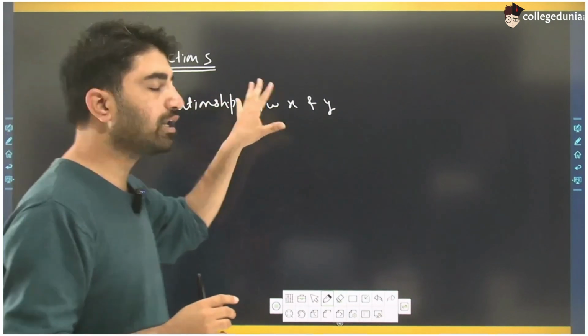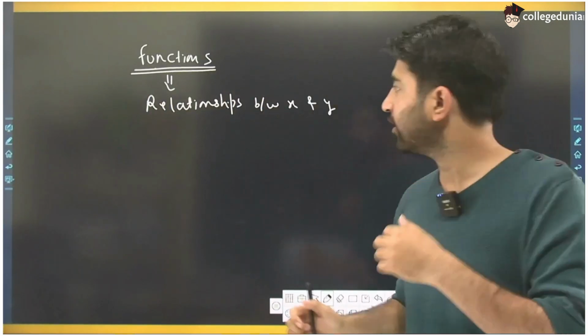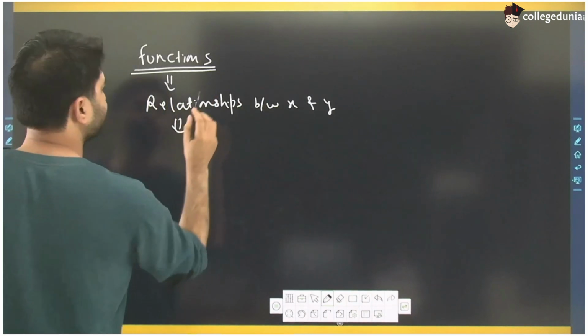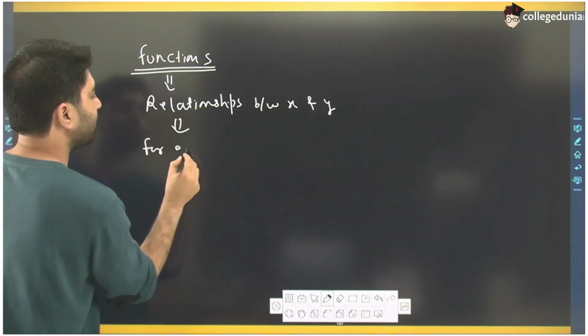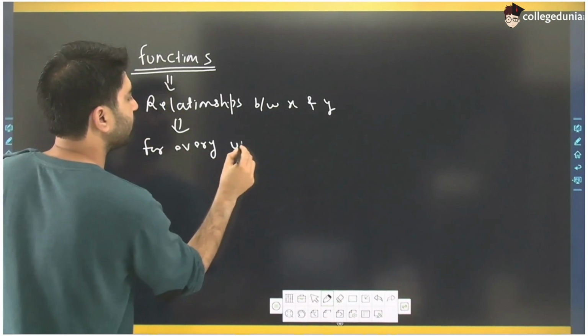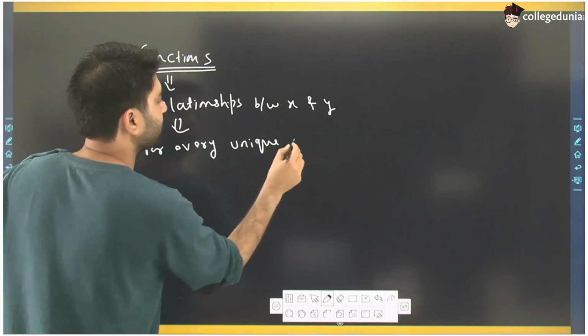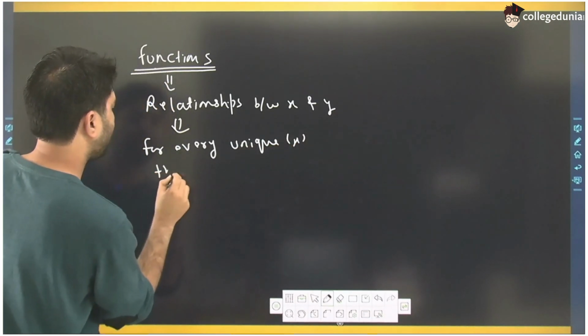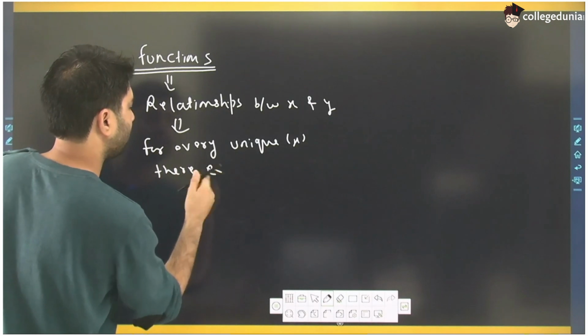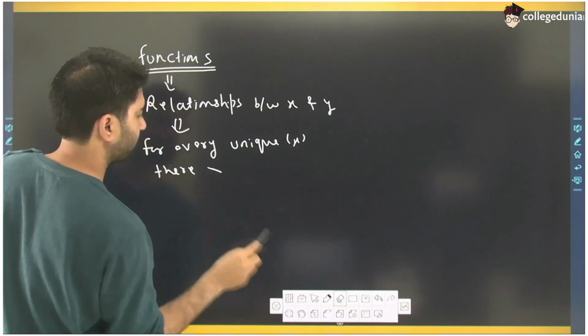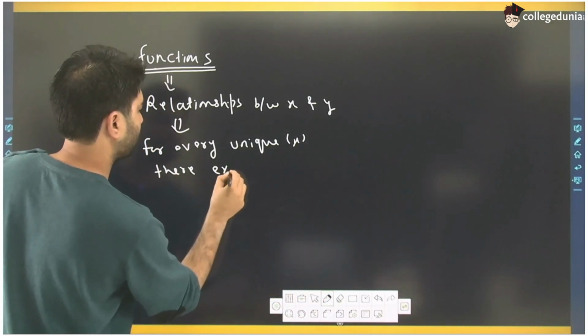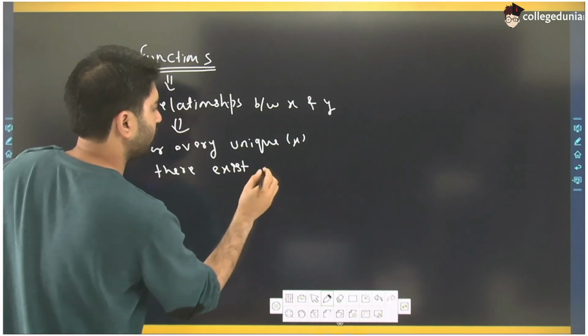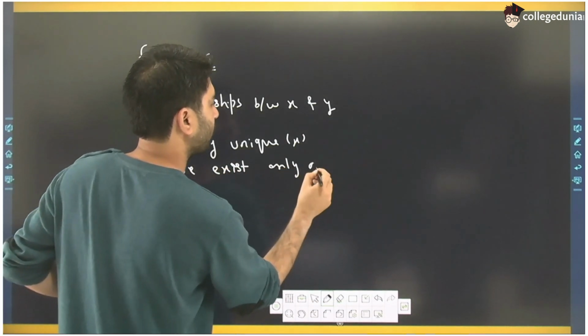These are the relationships between x and y, and the relation is like for every unique x, there exists only one y.